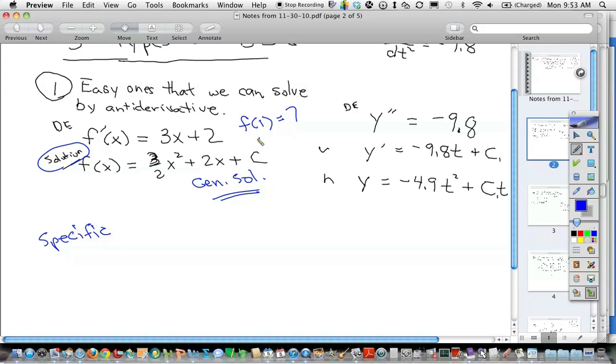Just take a second and do that. Take this initial condition along with that solution I just got on your paper. Just figure out what the specific solution would then be, and type that into this poll question on your calculator.